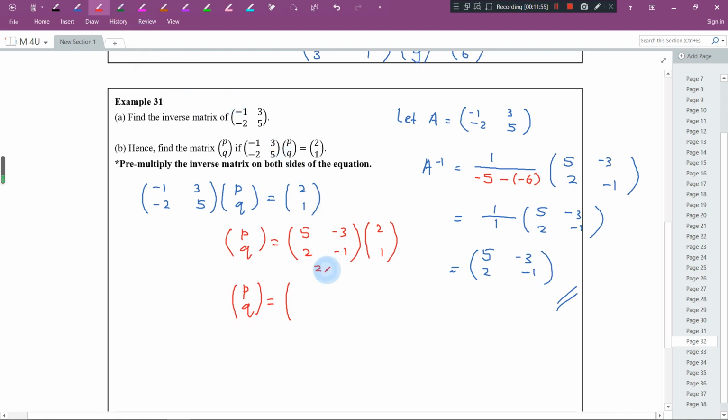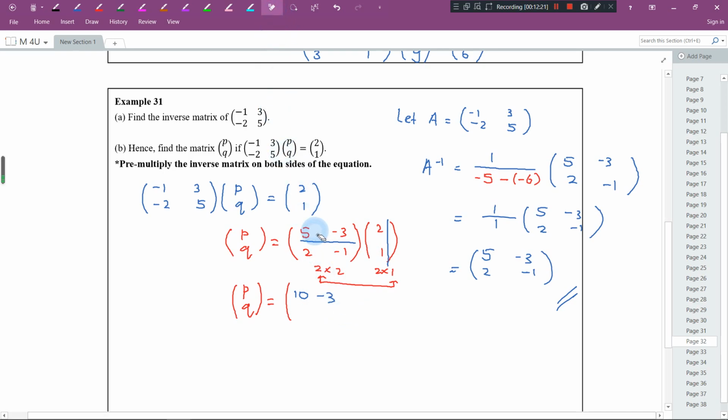So PQ is equal to, this is 2 by 2, this is 2 by 1. We know that our answer will be 2 by 1, 2 rows, 1 column. First row: 5 times 2, you will get 10, negative 3 times 1, you will get negative 3.